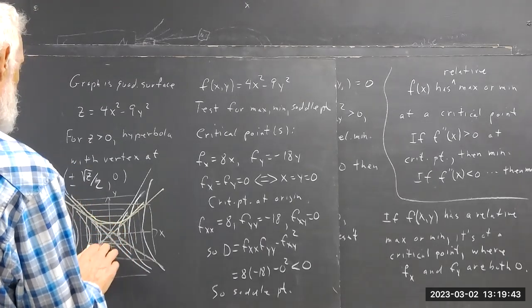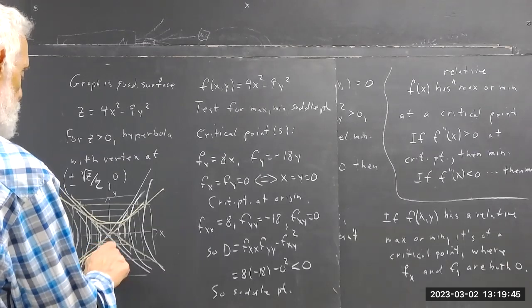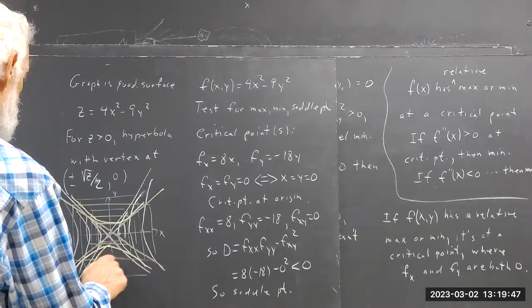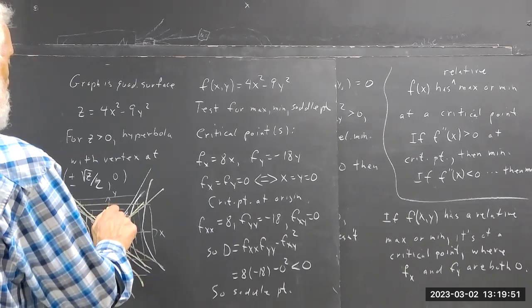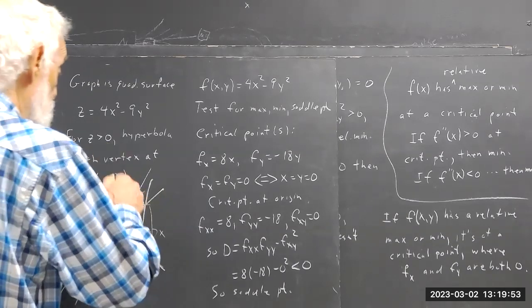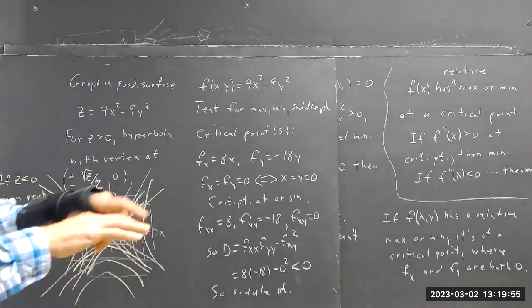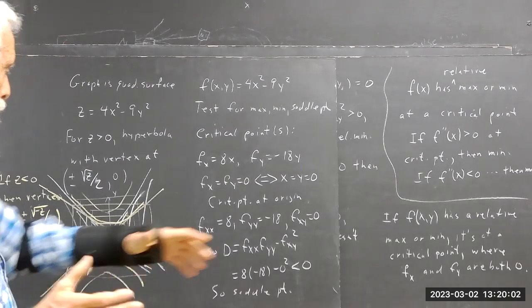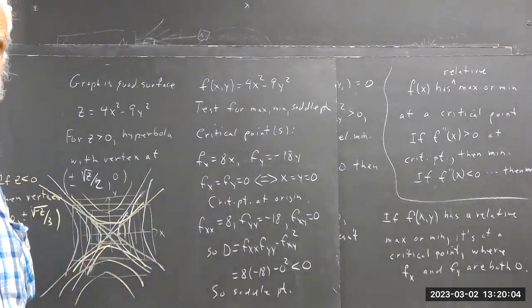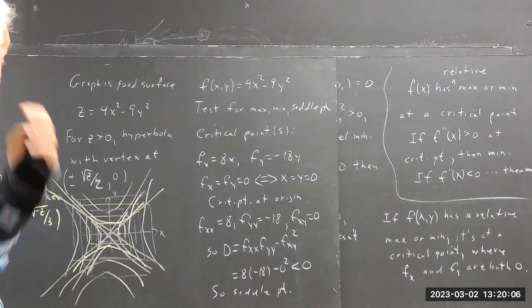Now you've got a bunch of yellow hyperbolas below. These are all below the x-axis, so you've got kind of this, and it's shifted 90 degrees.